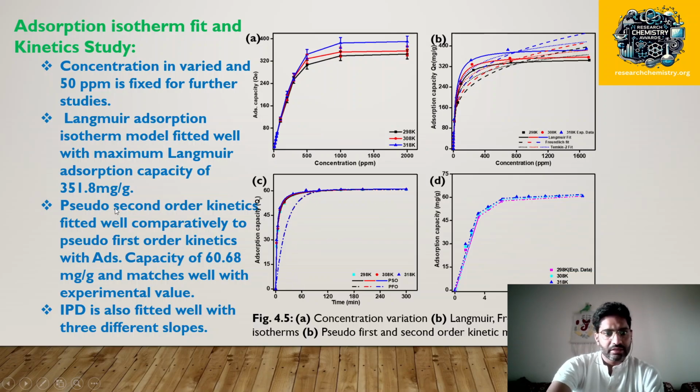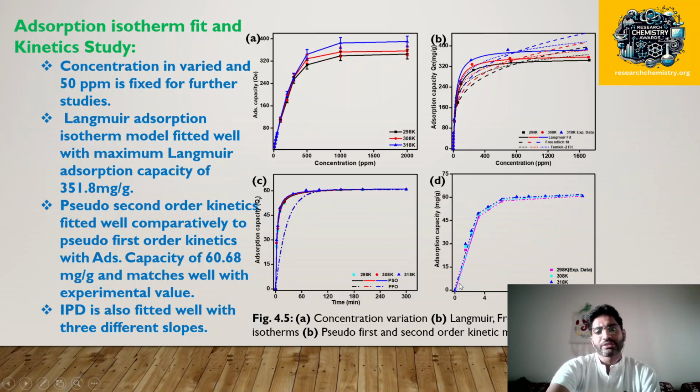According to the pseudo second order kinetics, the adsorption capacity of 60.68 milligrams per gram matches well with the experimental value, which was found to be about 60.47.